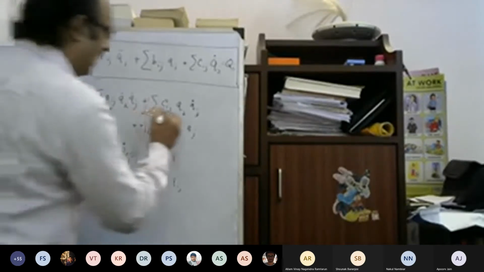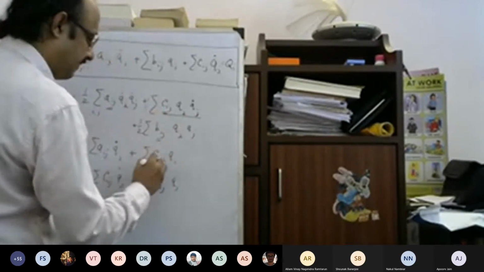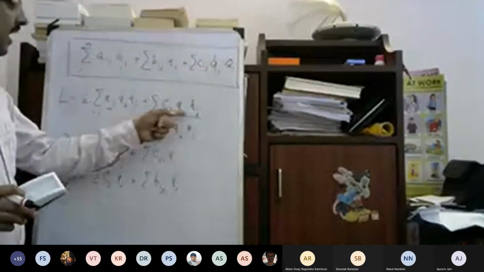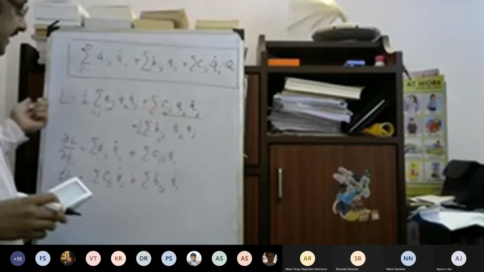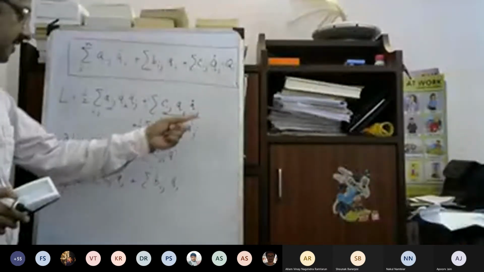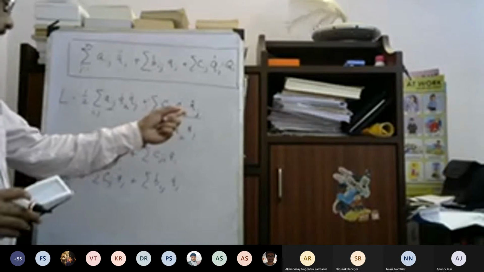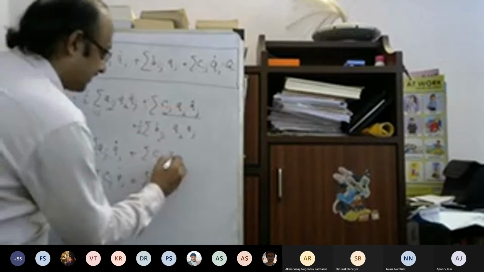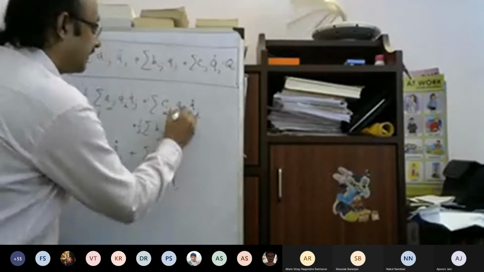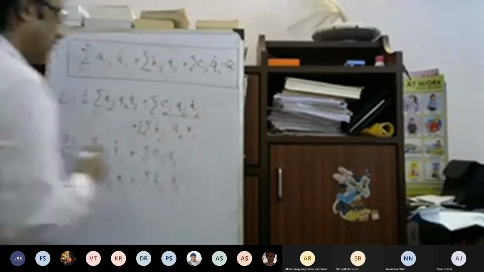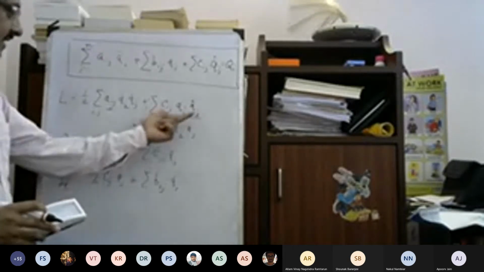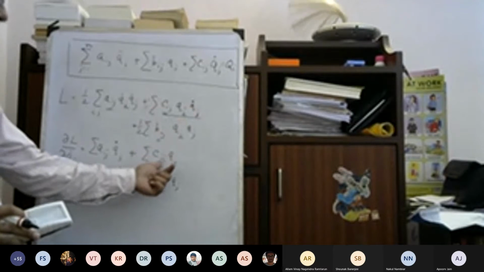Here I wrote this carefully, so be careful: Cij Qi Qj dot. When I differentiate it with respect to Qj dot, I say this is j, this is Qi and Qj, so I changed Cij to Cji.